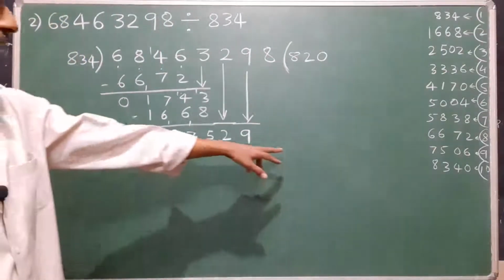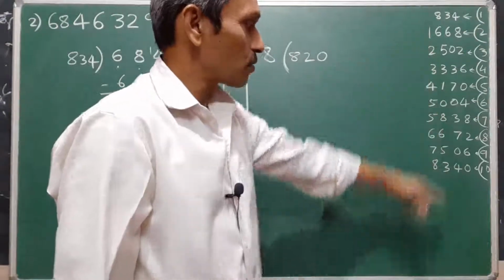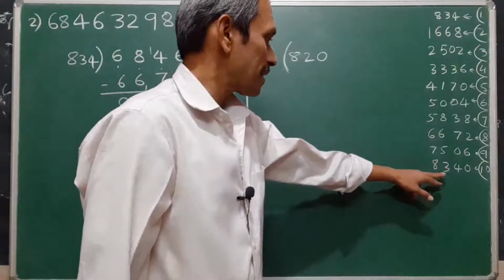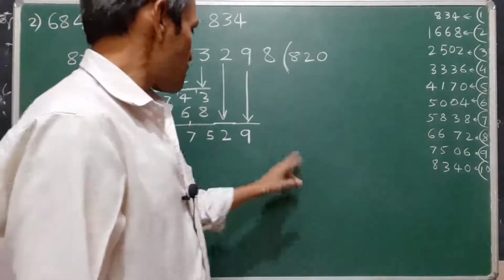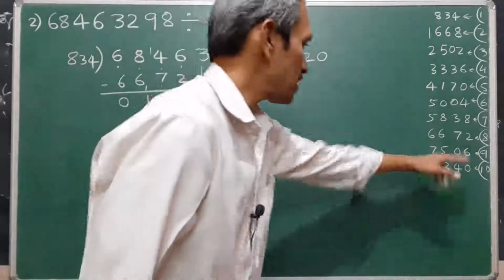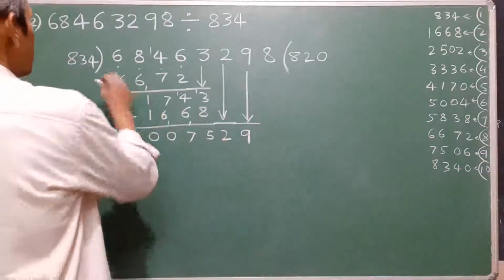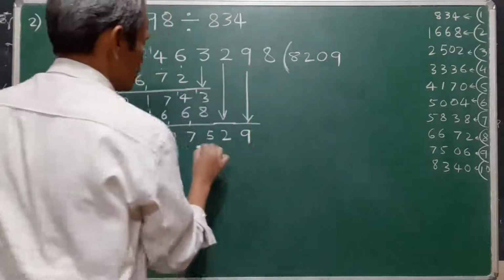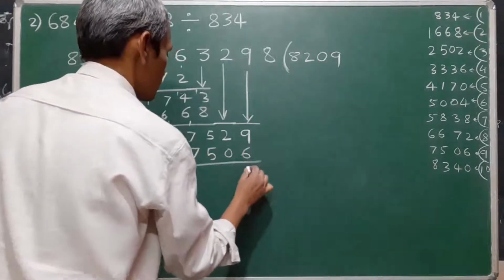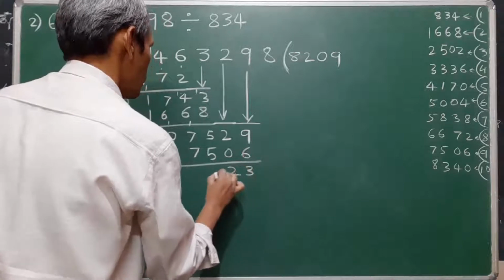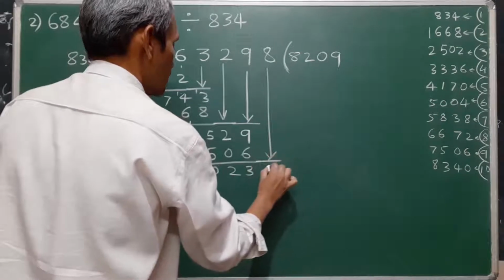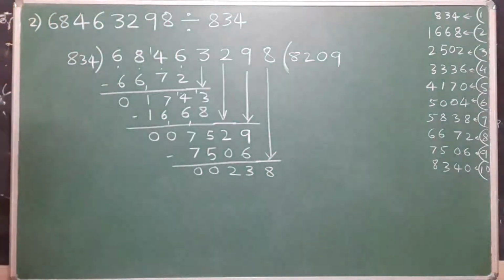Now search for 7529 in the table of 834. 7529 is not there, so less than this one, 7506 is there, that is 834 9s are 7506. Now subtract, 23, and take the next digit down.